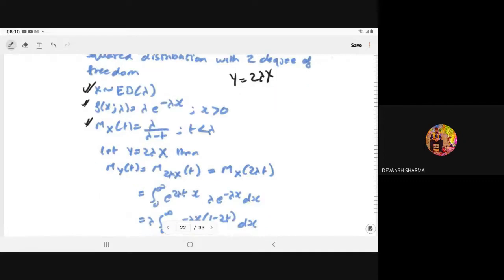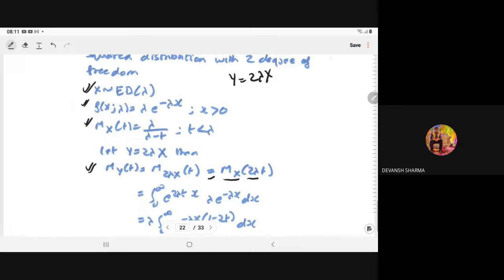Then if you have to write the moment generating function for Y, M_Y(t) is M of 2 lambda X at t, which can be written as M_X of 2 lambda t. And M_X is E of e to the power tX, and instead of t we now have 2 lambda t.